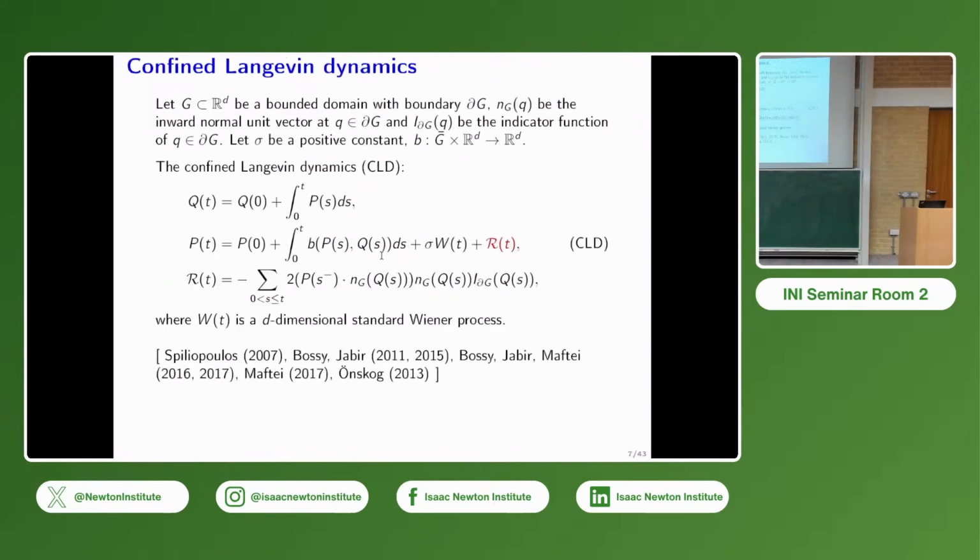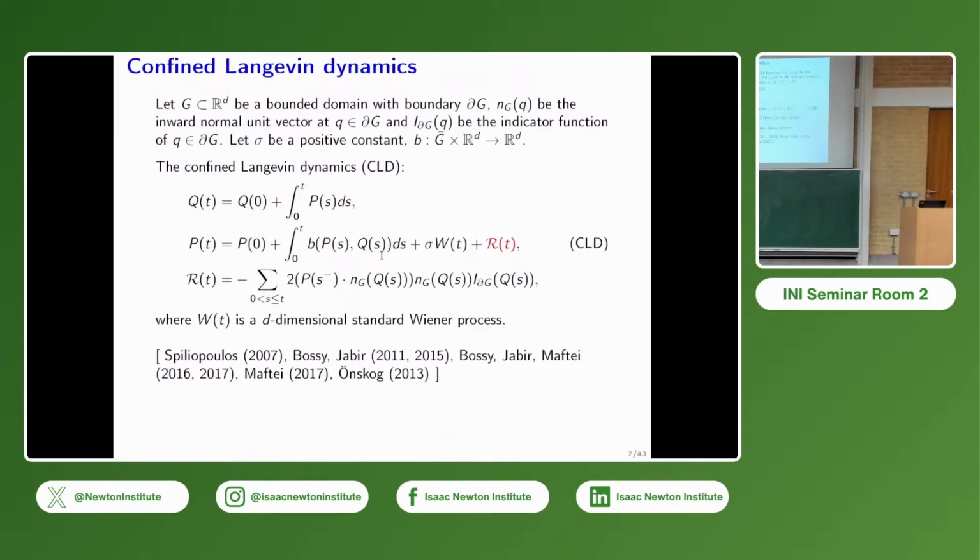So now we arrive at the first object we will be considering. On the next slide, there will be a particular case of this object, and both will appear within the slides. So this is confined Langevin dynamics, or Langevin dynamics living in a bounded domain.